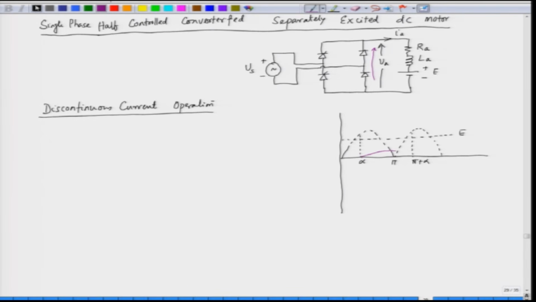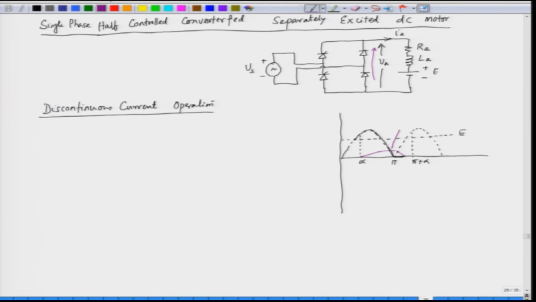So, the output voltage will be of this sort, and at this instant the voltage will remain at 0 and the current will come down to 0 exponentially. So, this is the nature of the current.